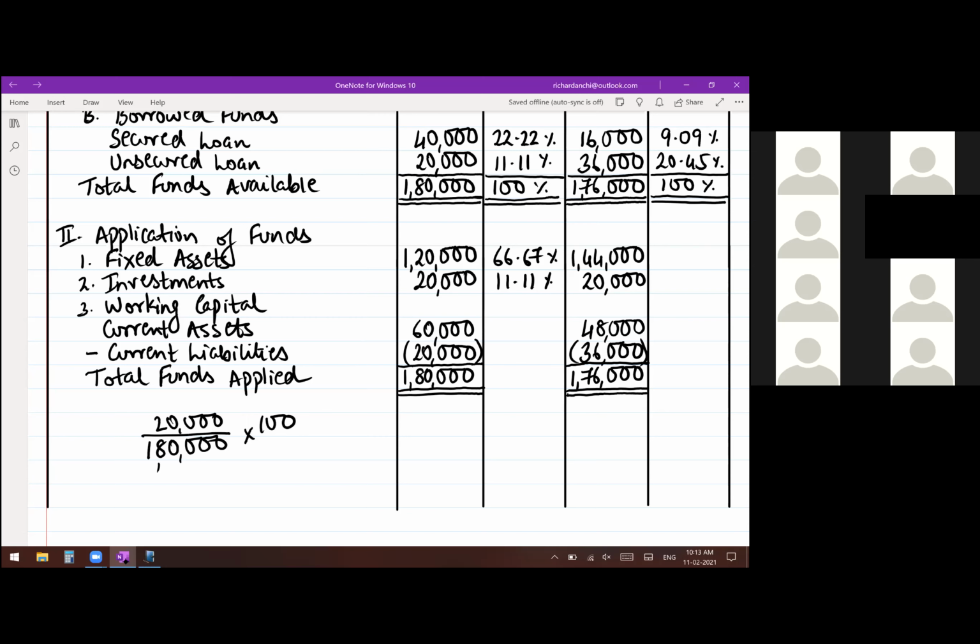Then the next is current assets, which is 60,000. So this time it is going to be 60,000 divided by 180 into 100. You can calculate, or there is a shortcut. If 20,000 is 11.11, 60,000 will be 3 times that amount, 33.33%.